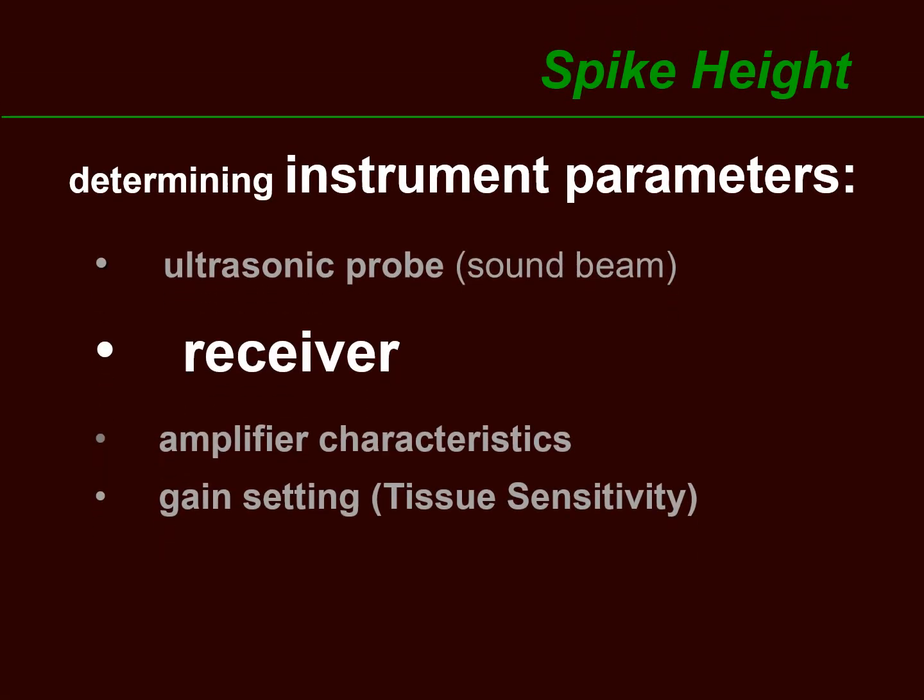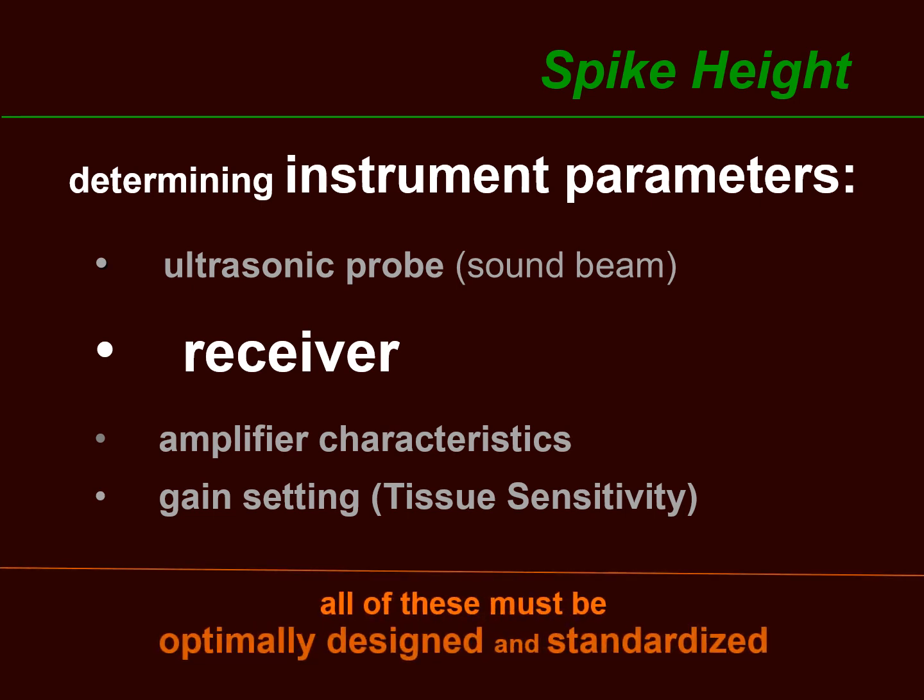And now the next instrument parameter that influences the spike height and needs to be standardized and optimized, it's the receiver. The receiver gets its signals, electrical signals, from the probe that has converted the echo signals into electrical signals.